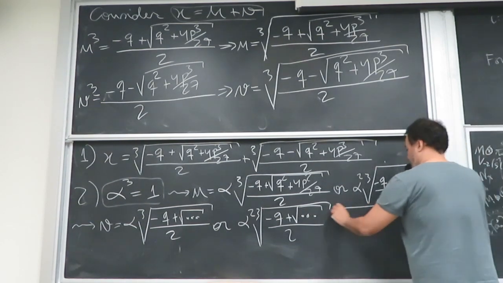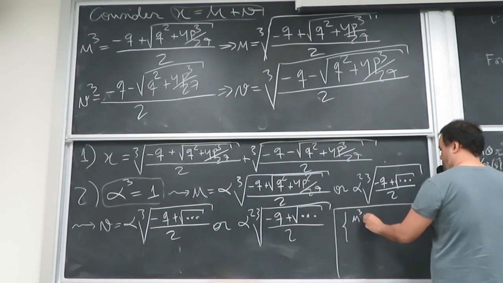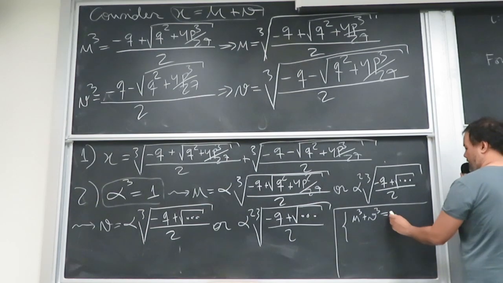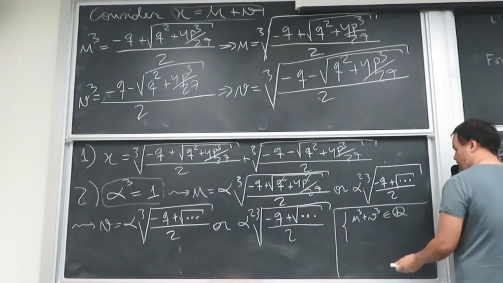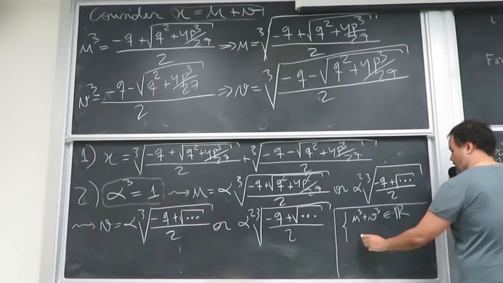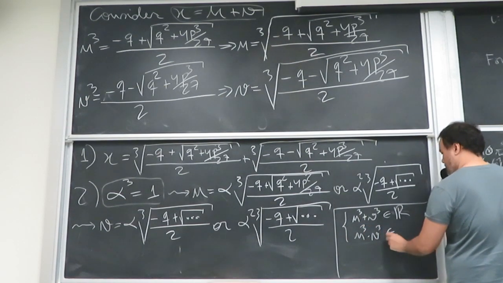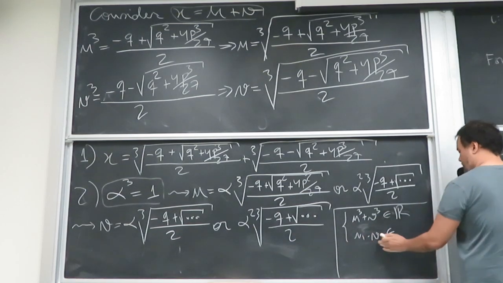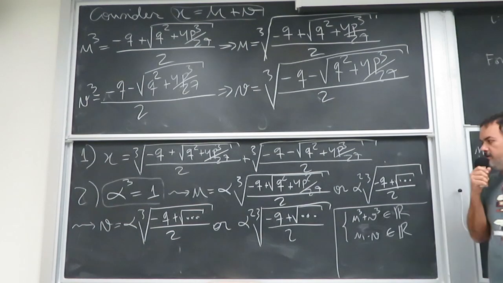Well, let's remember the equations. u cubed plus v cubed has to be in R, and also u times v is in the reals, right?